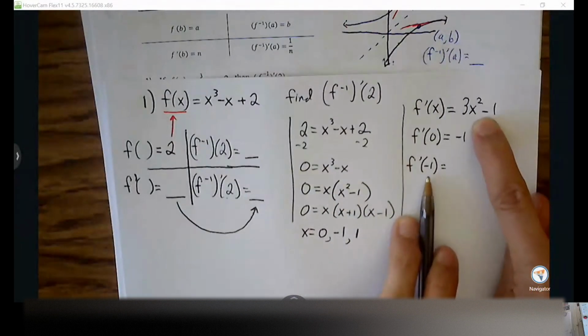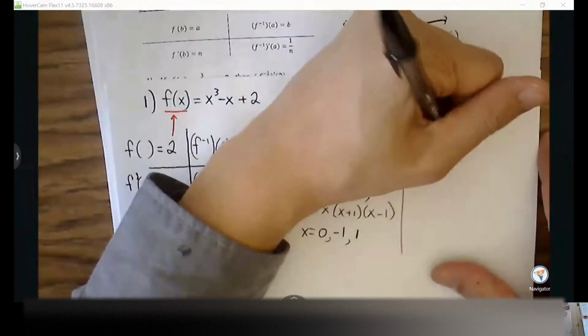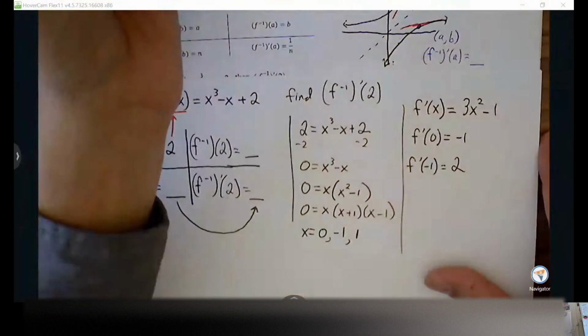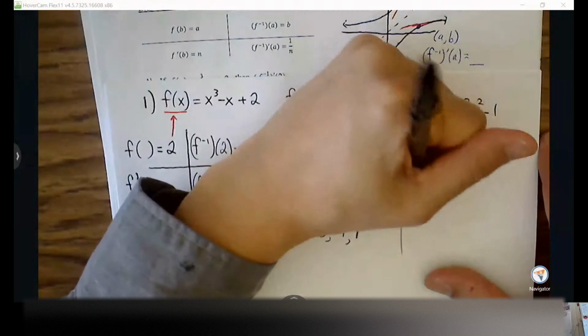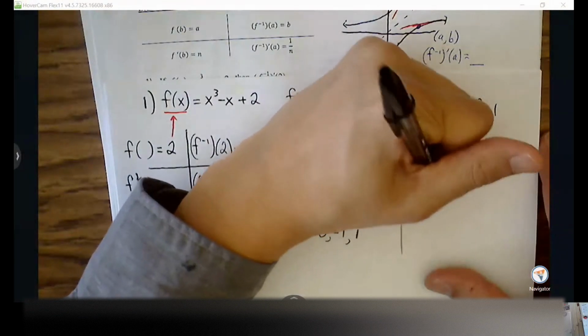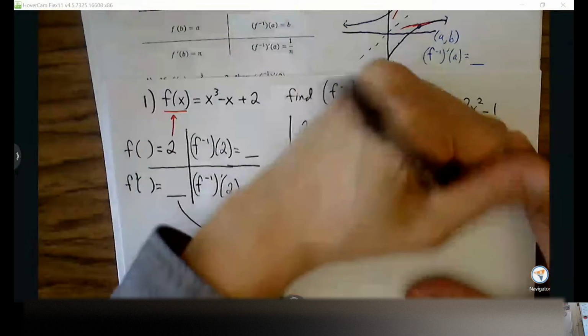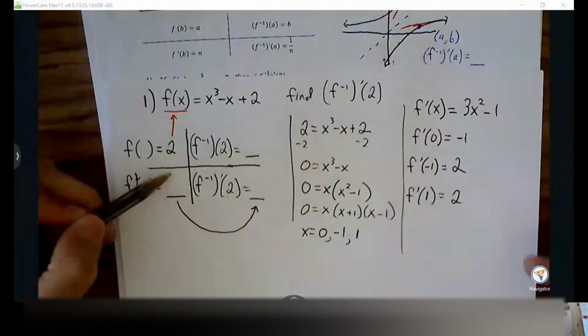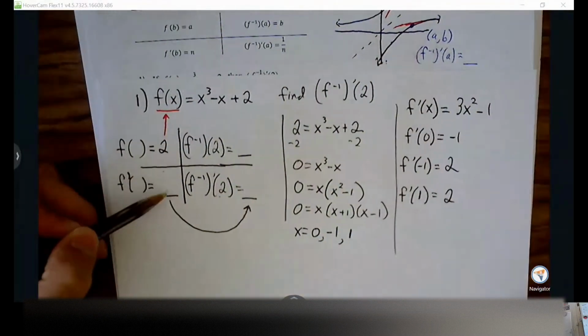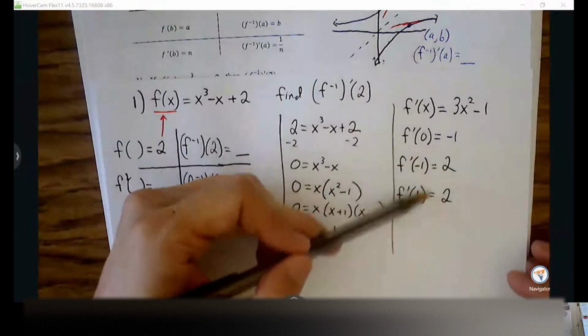Putting -1 in for x, I get 3 times 1 squared minus 1. That's 3 minus 1, which is 2. And if I find f prime of +1, 3 times 1 squared is 3, minus 1 is also 2. So it could be either -1, 2, or 2, and these are just the same numbers.